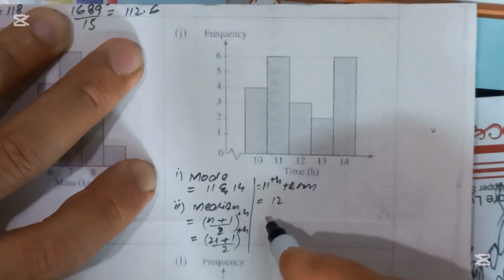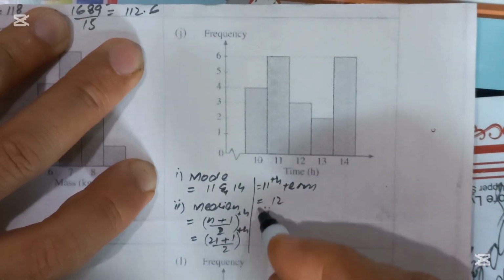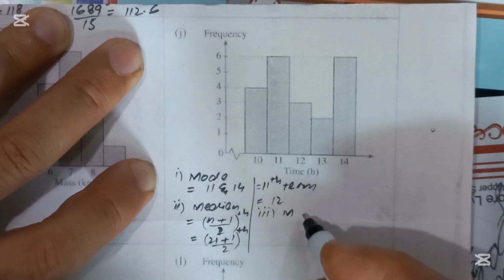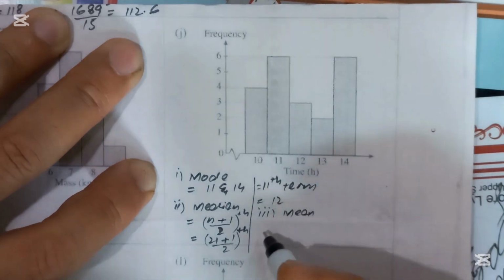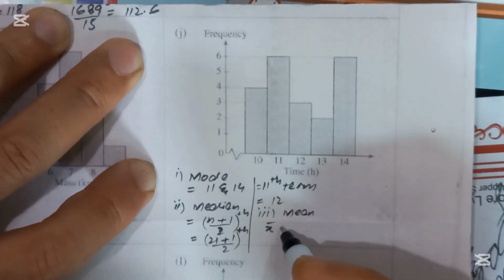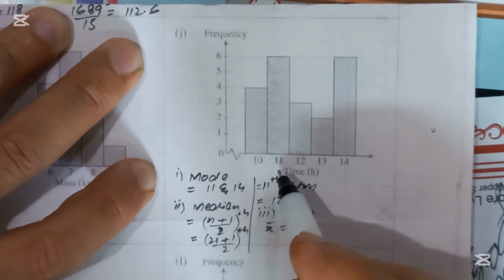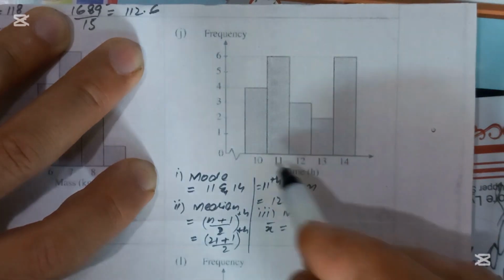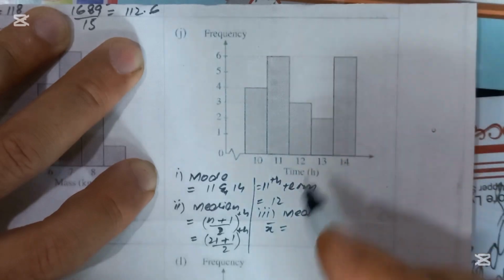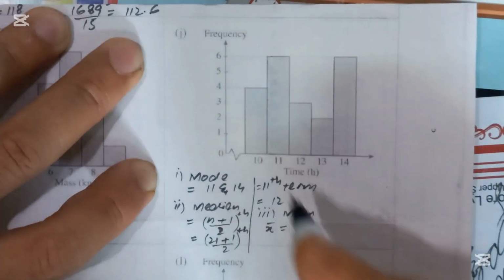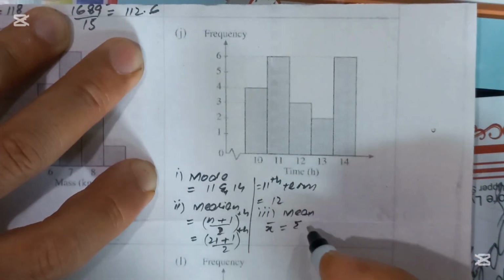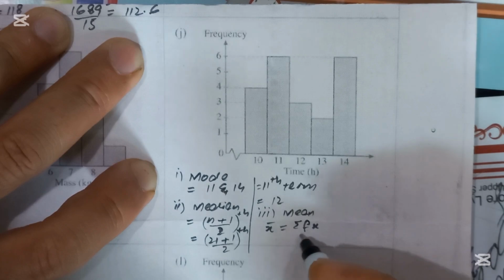Okay, finally the third requirement is mean. Mean is represented by x bar, but here if you can see some values are given, that is 10, 11, 12, 13 and 14, and their frequencies are given. So when values and frequencies are given, always use the formula summation fx over summation f.